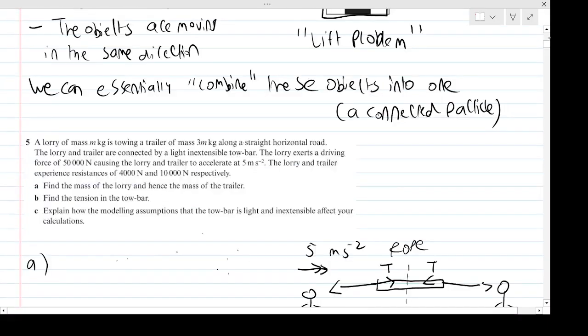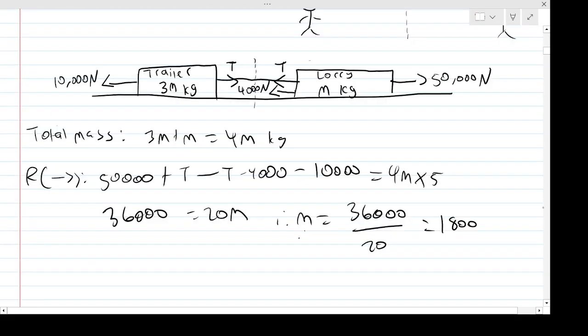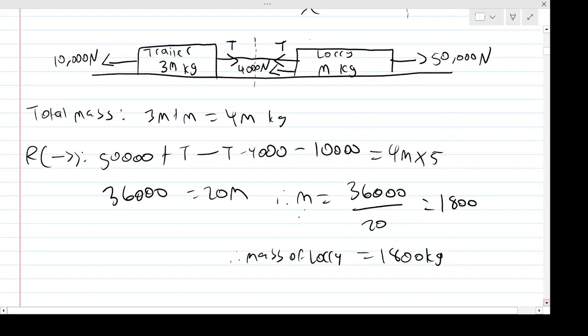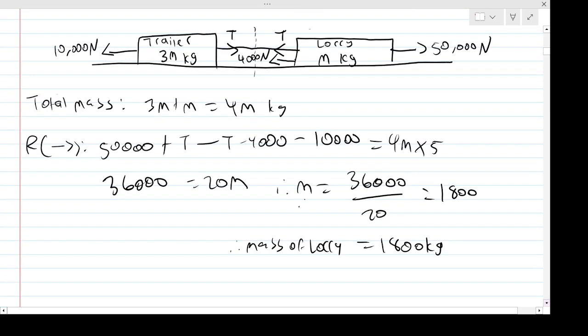Then it wants me to work out the mass of the lorry and the mass of the trailer. Well, firstly, the lorry is M kilograms. So actually, that is the mass of the lorry. So it's 1,800 kilograms. Again, remember, always in kilograms. It's our SI, our standard unit for mass.